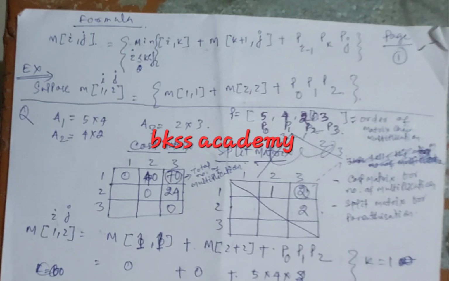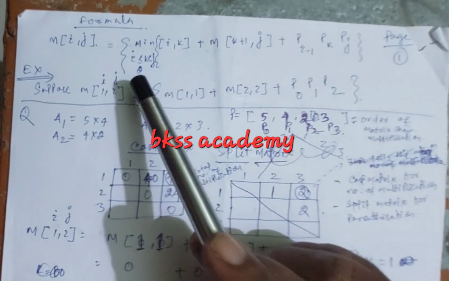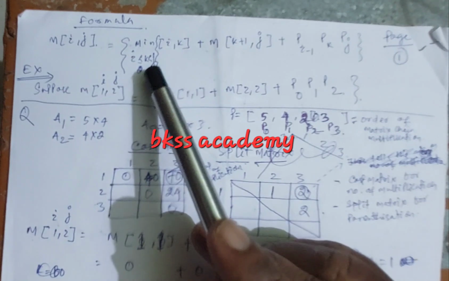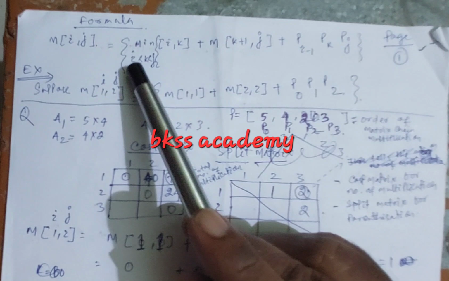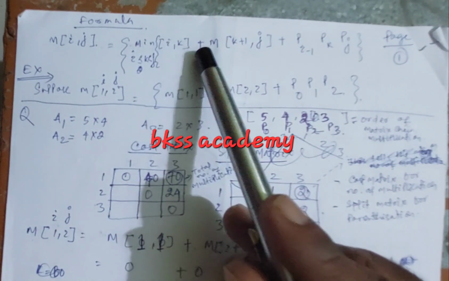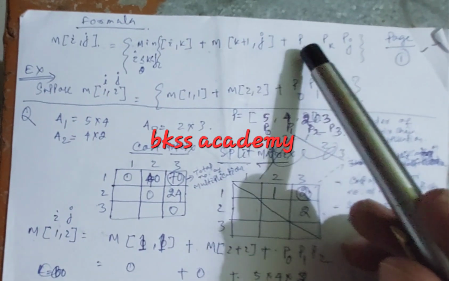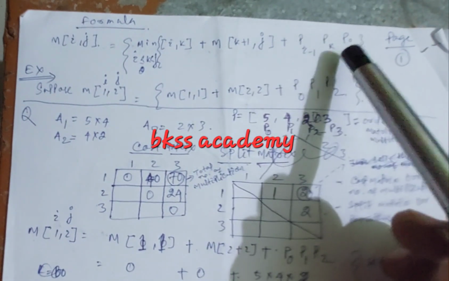The formula for matrix chain multiplication is M[i][j] equals the minimum over k, where k is a number between i and j, with k greater than or equal to i and less than j, of M[i][k] plus M[k+1][j] plus p(i-1) into p(k) into p(j).